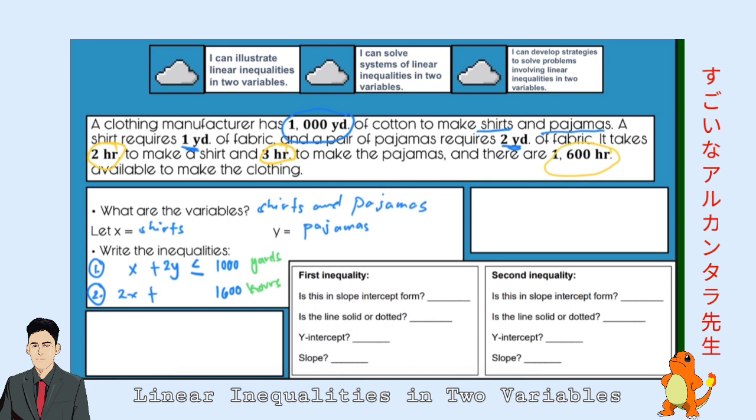And since pajamas are represented by y and take 3 hours to make, it will be 3y. Now, what symbol should we use here? Since it says there are 1,600 hours, that means it could be equal to 1,600 or it could be less than that also. So the symbol is less than or equal to.